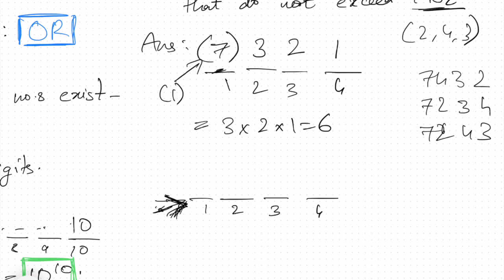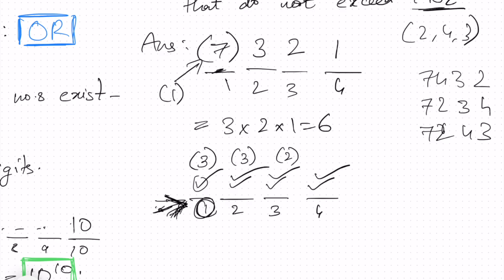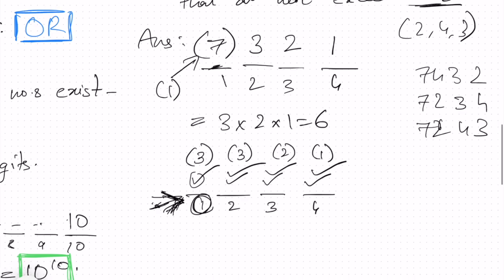So 7 can be here or here or here, right? So the first place can be filled not in 4 ways but in 3 ways, because the number 7 is reserved for these 3 places. So this can be filled in 3 ways, this can be filled in 3 ways, this in 2 and this in 1, right?